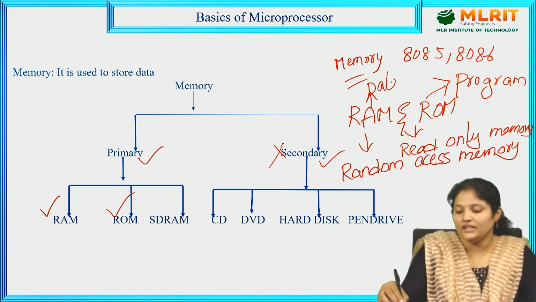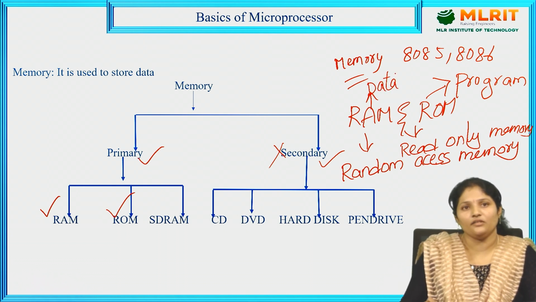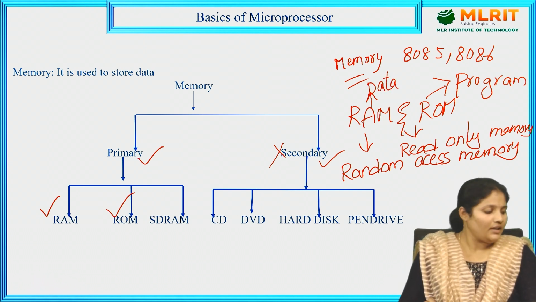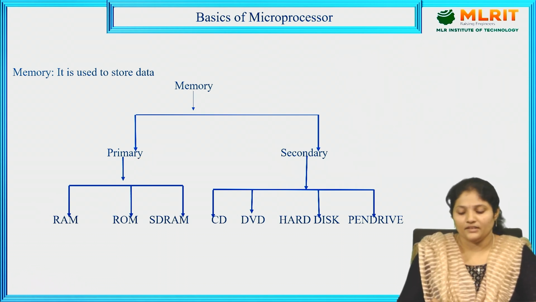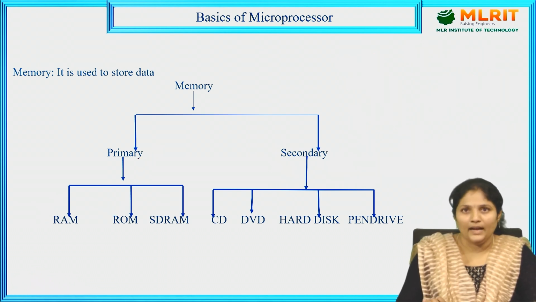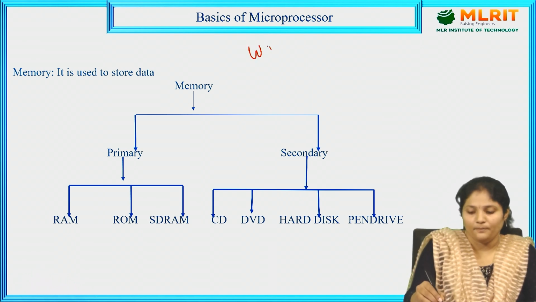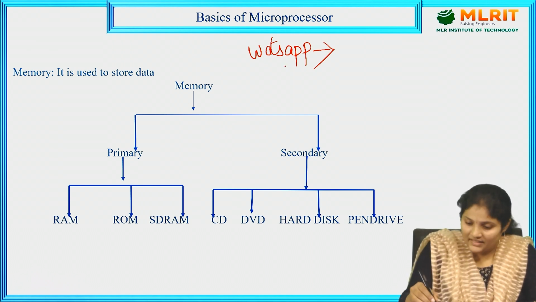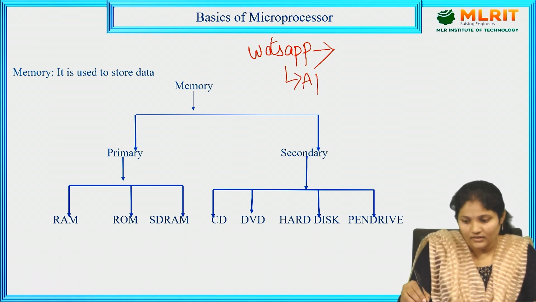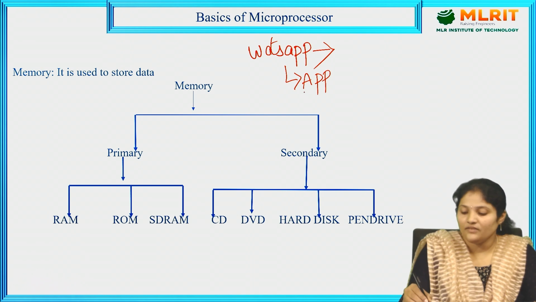So what is the difference between the data and the program? If we are using any application, like WhatsApp, the WhatsApp itself is an application, right? If it is an application, there must be a program to execute that.